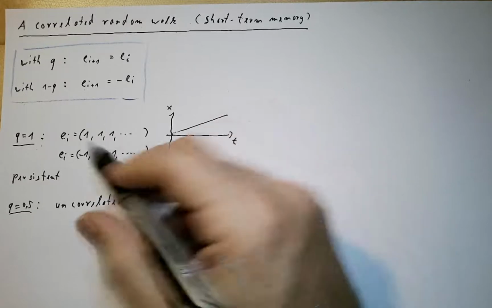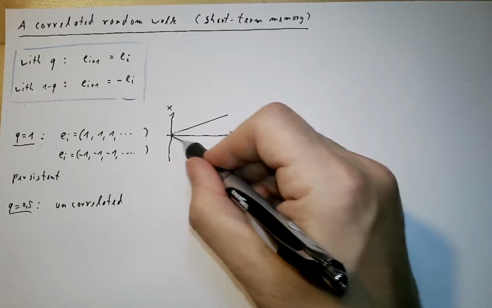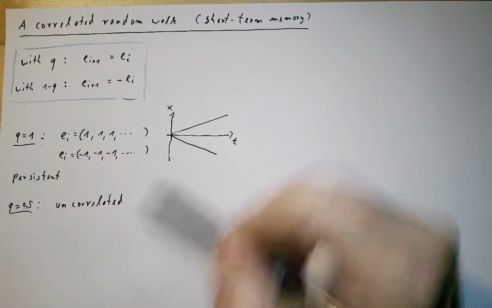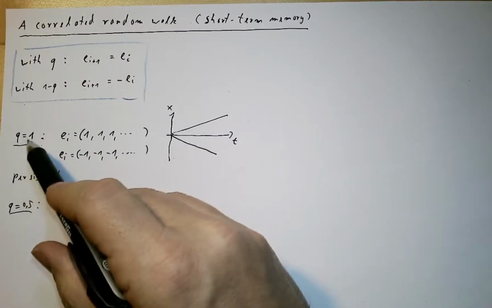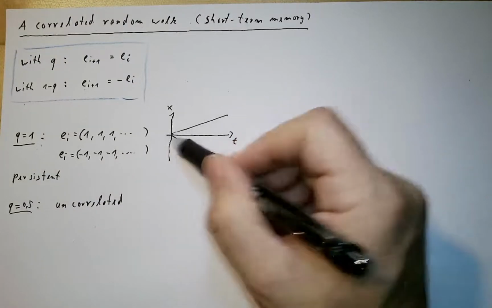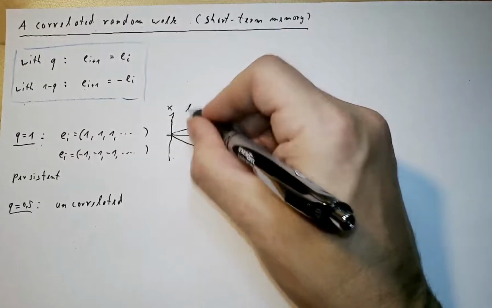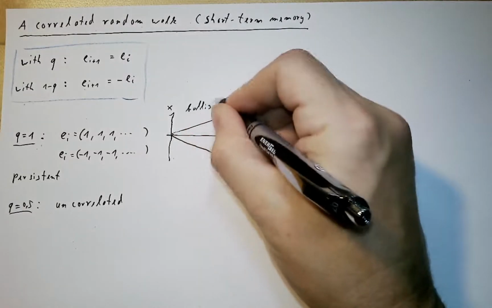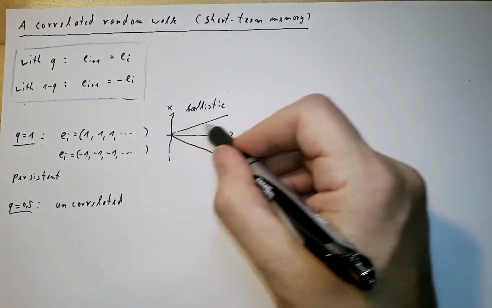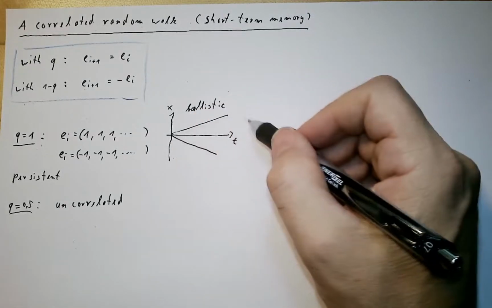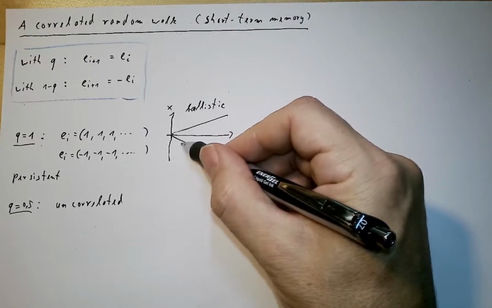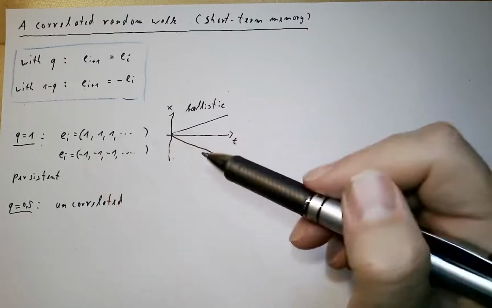Or we go always in the negative direction, because we had minus 1. So for q equal 1, we have two possible outcomes, which are persistent. So we have actually ballistic movement. So that's not diffusive very clearly. The movement is just continuing in time. But which of these two movements will be realized depends on the very first increment.